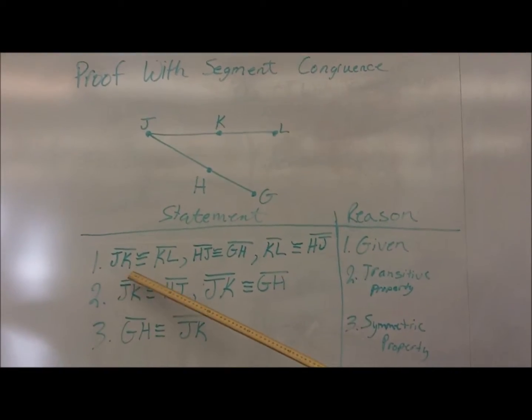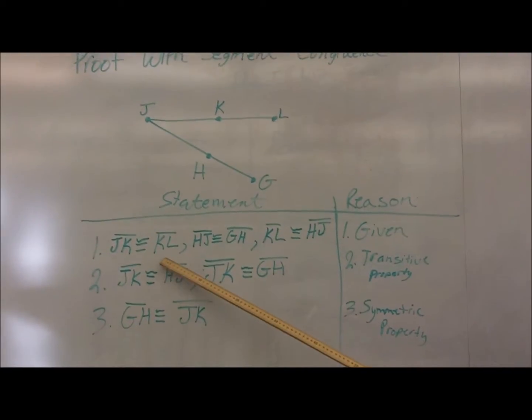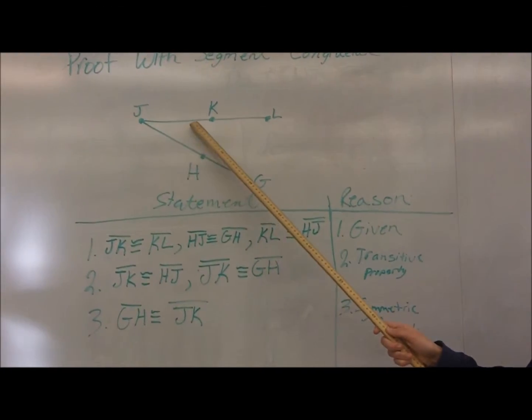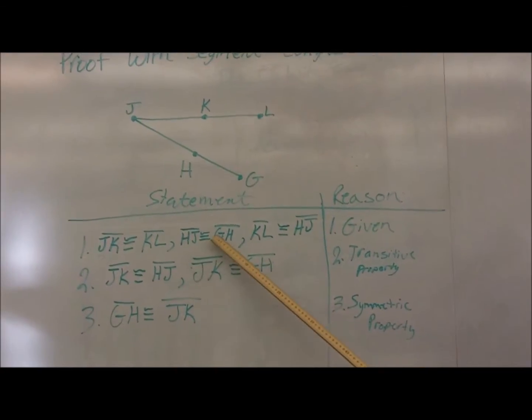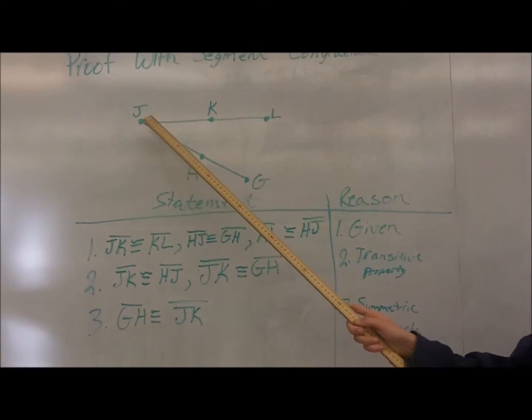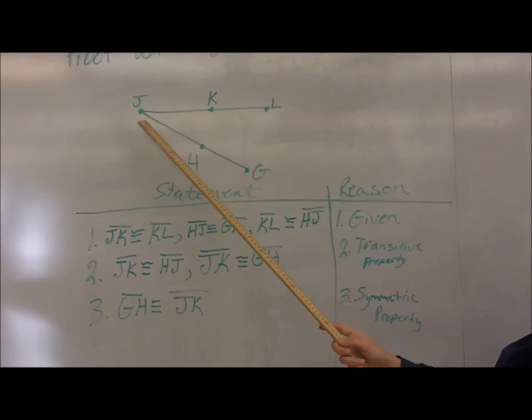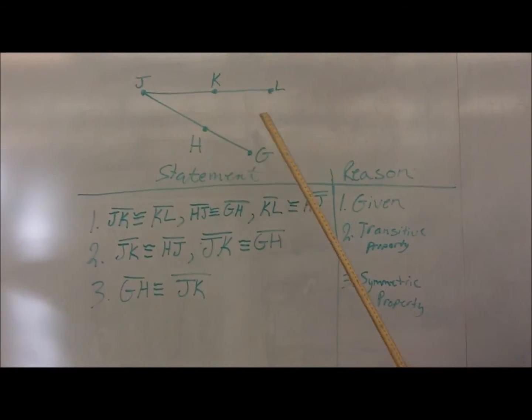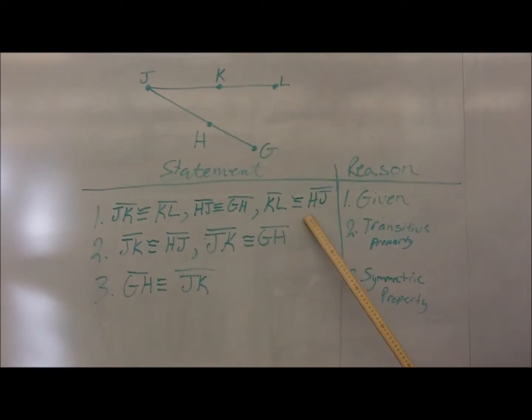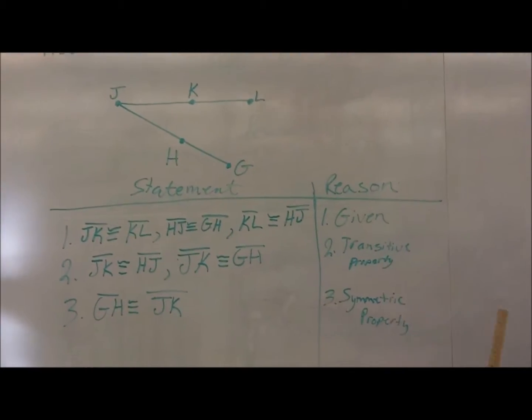Okay, our givens are JK is congruent to KL, HJ is congruent to GH, and KL is congruent to HJ.